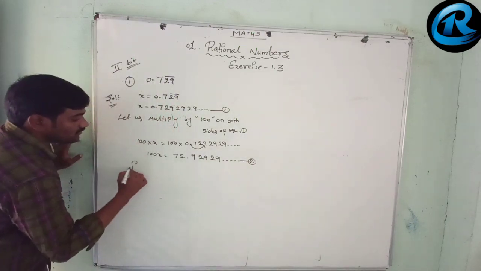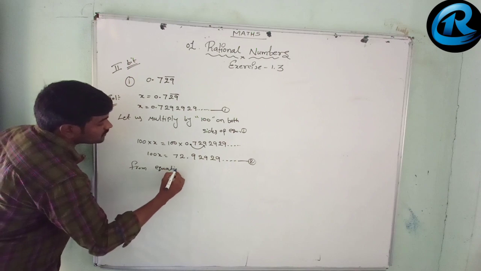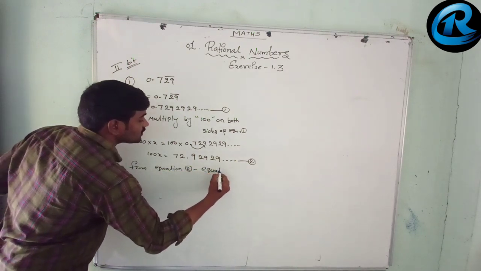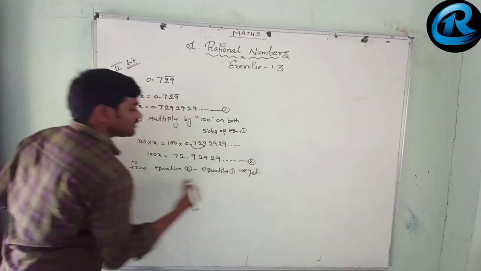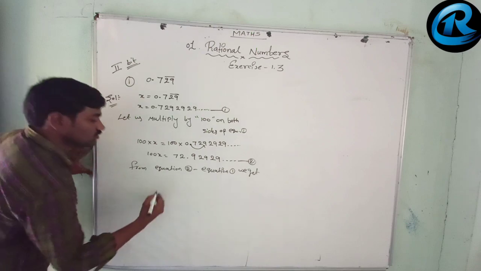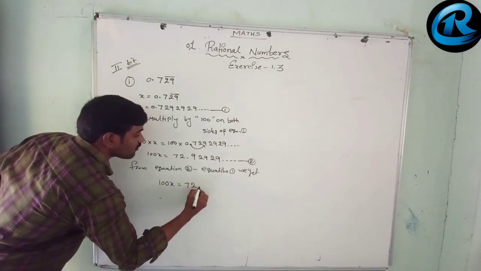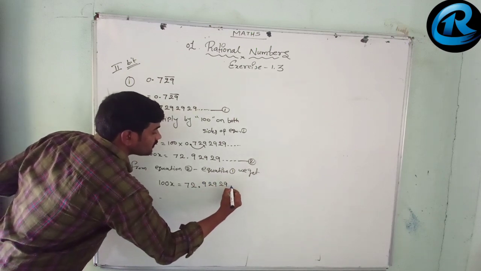From equation number 2 minus equation number 1 we get 100x equal to 72.92929 and so on.